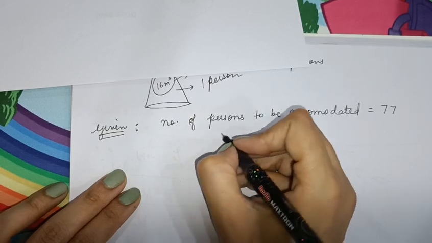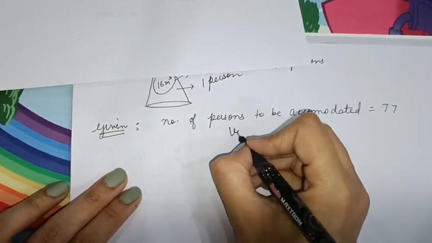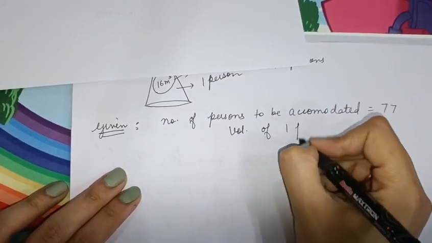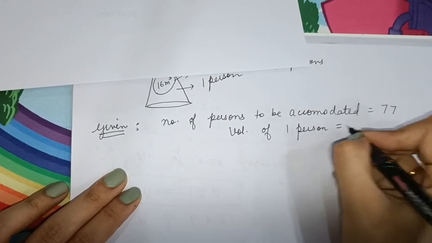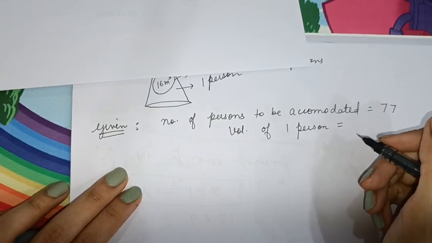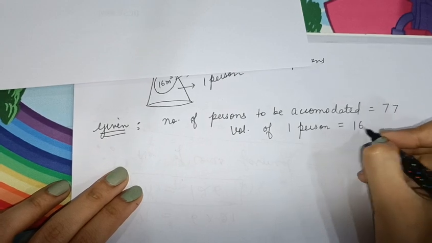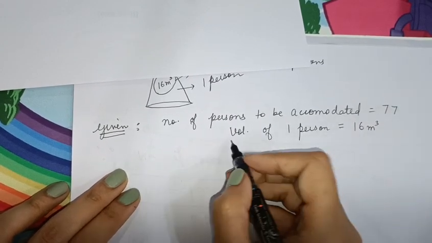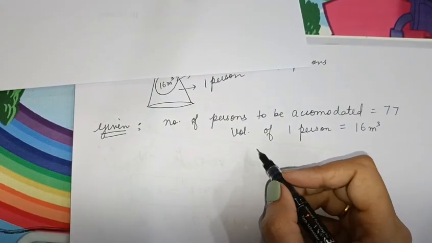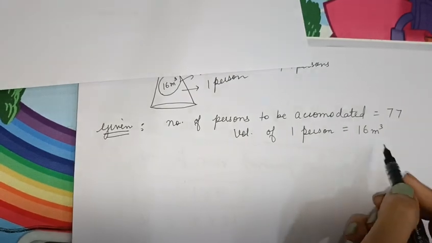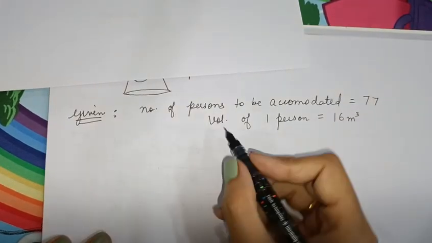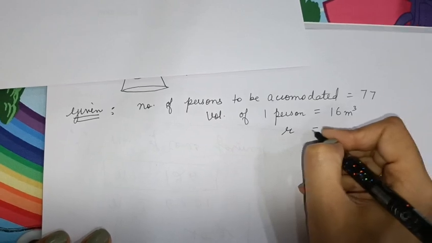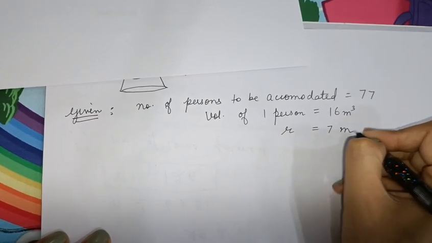Then volume of one person I'll write. Volume of one person, it is equals to, because quantity of air required by one person is equals to 16 meter cube. So directly I am writing it as volume, so that it should be clear to you what is given to us. Then radius is given to us. Radius of the cone is 7 meter.